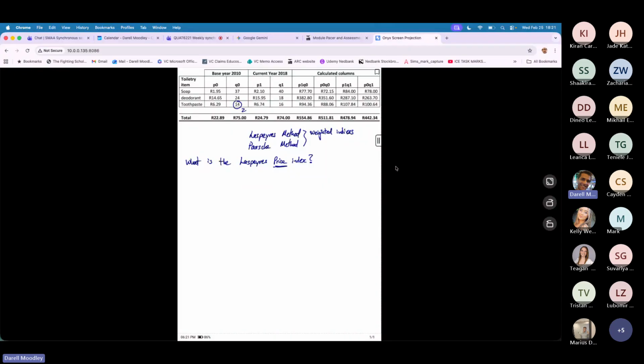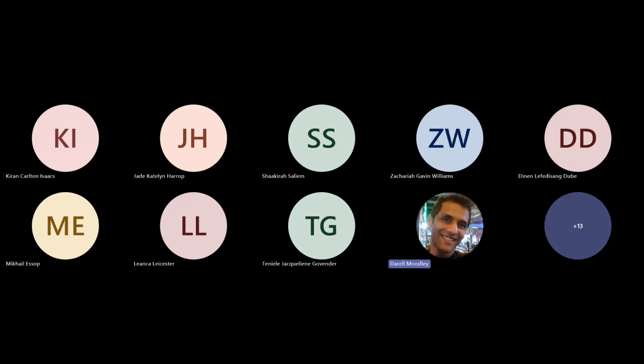So when I'm working out the price indices, I'll only be looking at this column here, right? If I had to work this out, what could happen is that I could have soap influencing the price significantly, even though the quantity is small, and I don't want that. Okay, say you had a television.